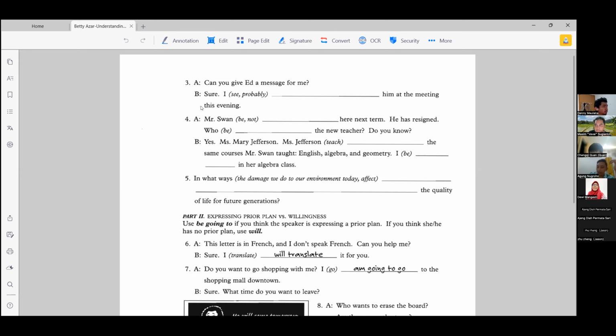Normally things like this are located after be, before an adjective, or after the subject and auxiliary, and then the adverb, and then the adjective or verb. So when you say, I will probably see him, that is correct. Or I am probably going to see him, not the other way around, like I am going to probably see him.